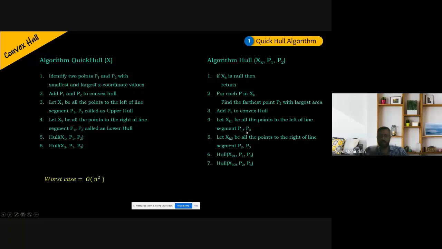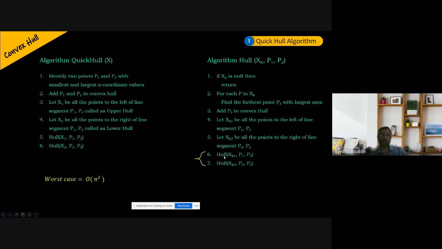Now we have P1, P3 and P2, P3, because the upper hull may have a different set of points which will be extreme, and the lower hull will have different ones. So that is why we consider P1 and P3 for the upper hull, and P2 and P3 for the lower hull points. So again, recursively it calls using statements 6 and 7. So this is how the quick hull algorithm works.